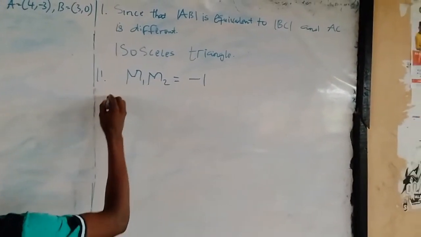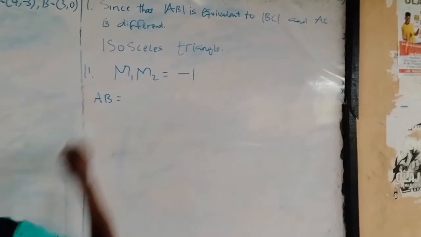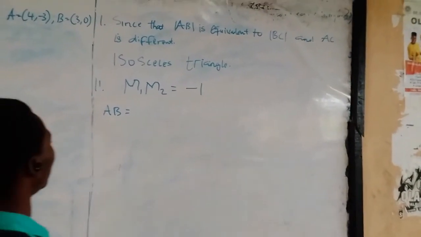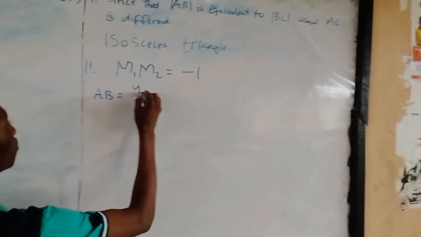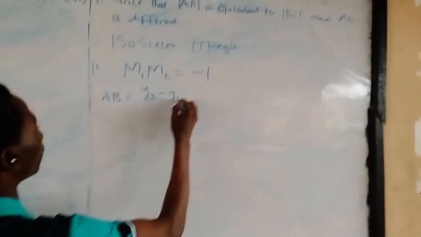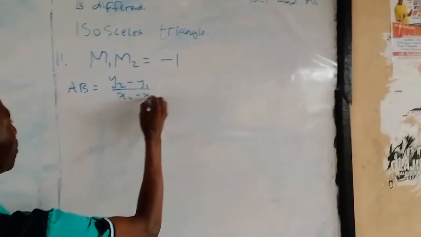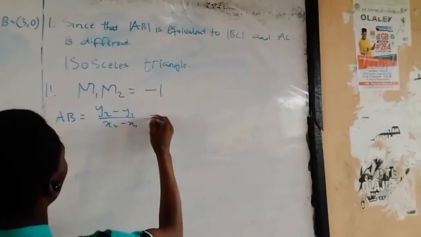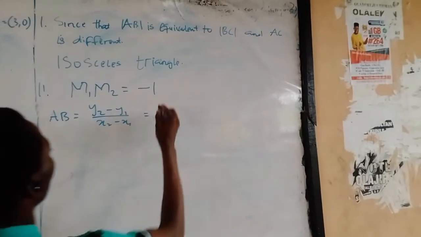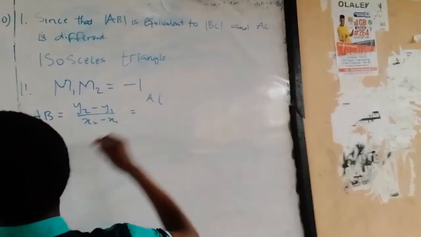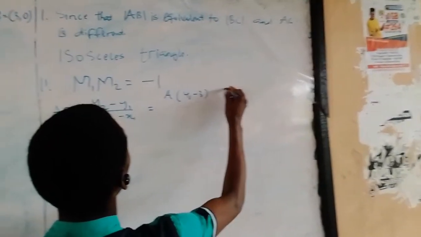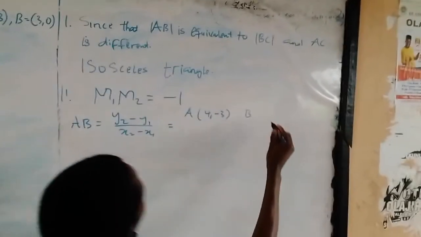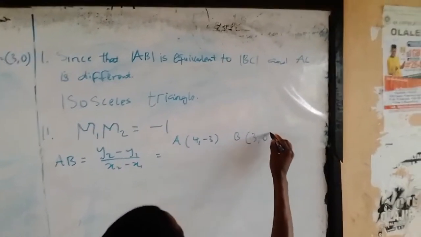So to find the gradient of AB, the formula for our gradient is y2 minus y1 all over x2 minus x1. Our A is 4, -3, while our B is 3, 0.